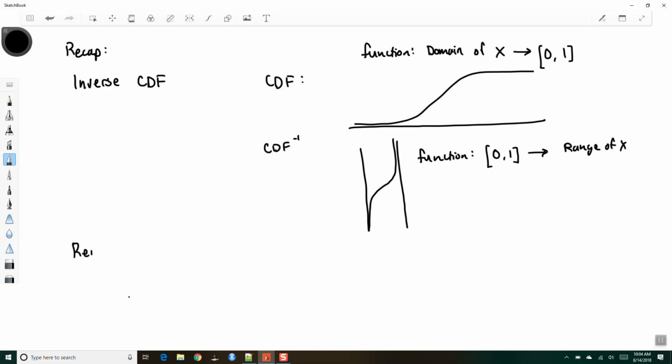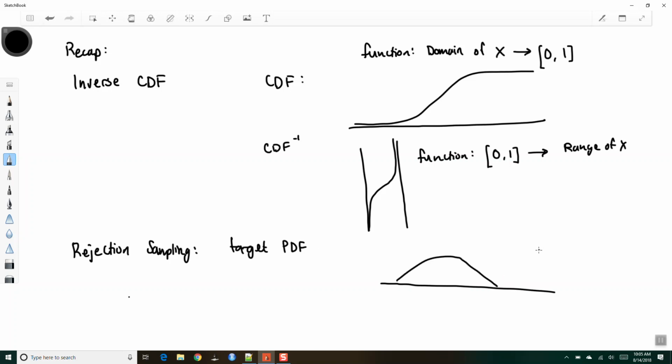And then on Thursday, we covered rejection sampling, which has some kind of target PDF, a target distribution that we are interested in. Maybe it looks like this, and maybe this is difficult to sample from directly, and so instead we have a proposal density.